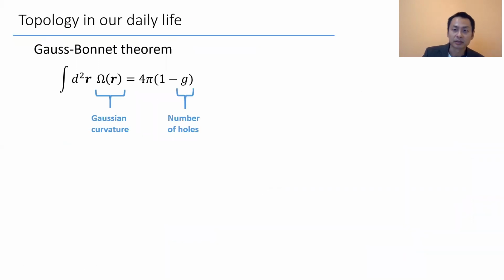I would like to begin with talking about the topology in our daily life. So let's say you have any three-dimensional object. The topology of this object is described by the so-called Gauss-Bonnet theorem, which states that the integration of the Gaussian curvature of a closed surface of this three-dimensional object will give you 4 pi times 1 minus the number of holes that this object contains.